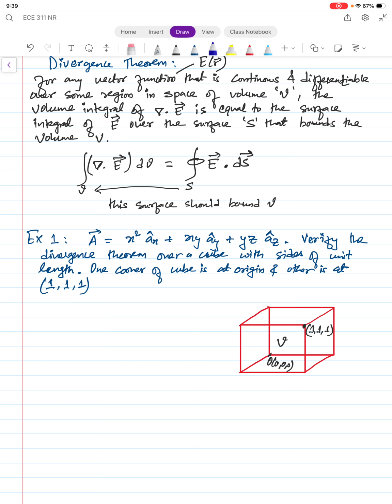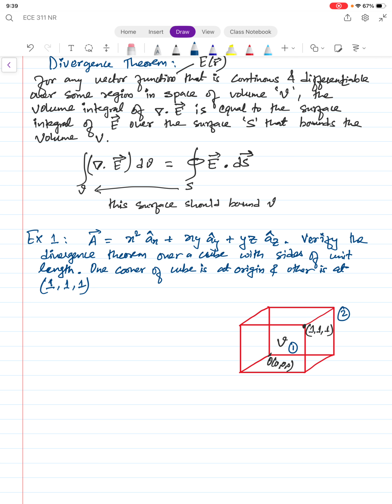Okay, let me label them. So the first face could be this front face, the other face could be the back face.